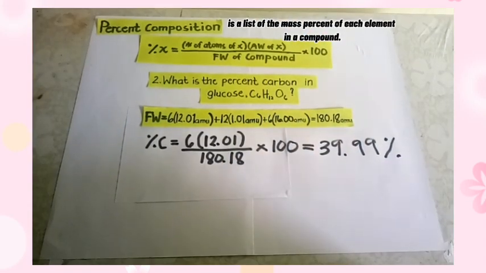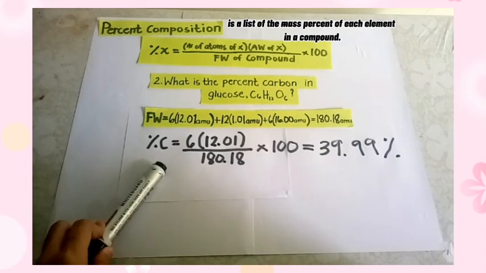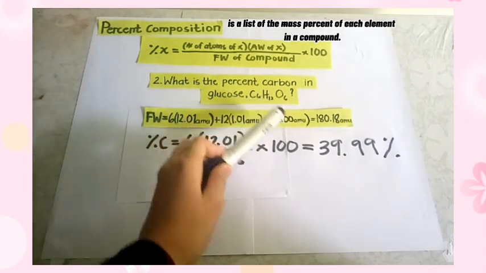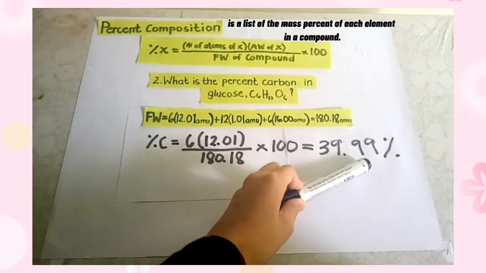So the percent contributed by carbon to our compound glucose is 39.99%.